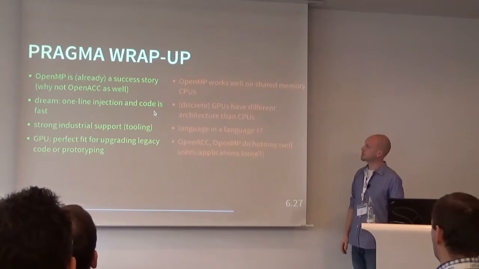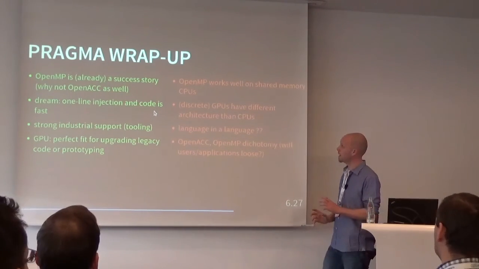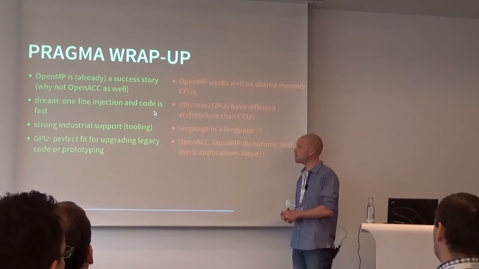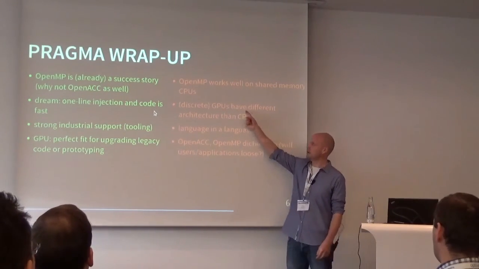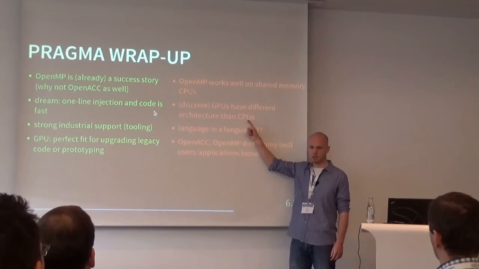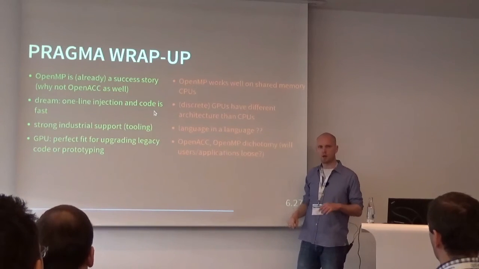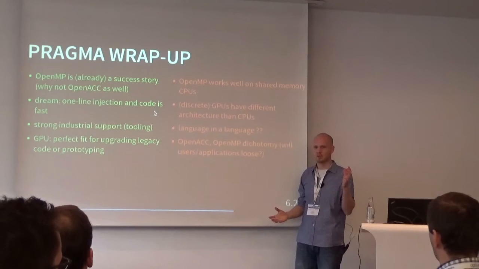What I don't like: I think OpenMP has left its mark on CPU multithreading. I do not think that it will really fly on discrete GPUs, simply because of the architecture. Because what I will do now is insert a pragma statement that will do something with my memory.